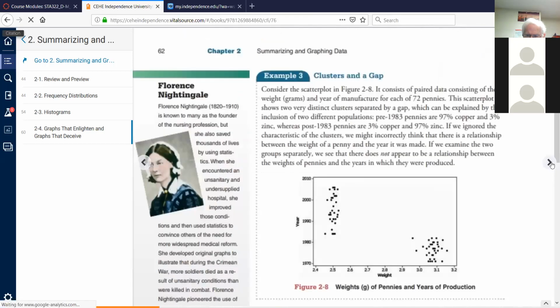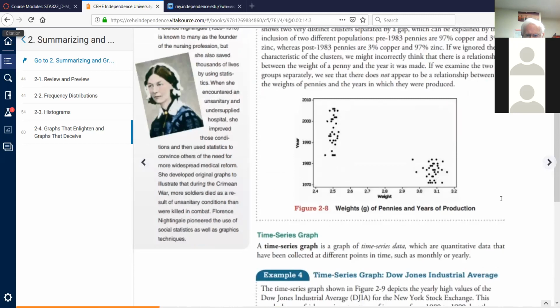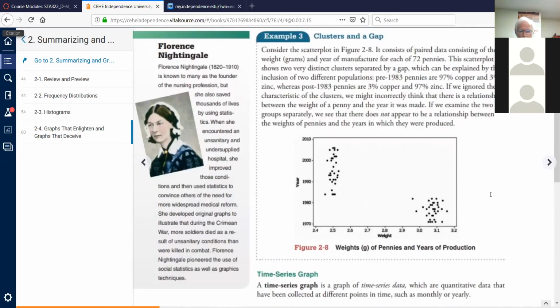Okay, let's just keep going here. If we look at the pennies data, we've got clusters of data and a gap. So we've plotted this.